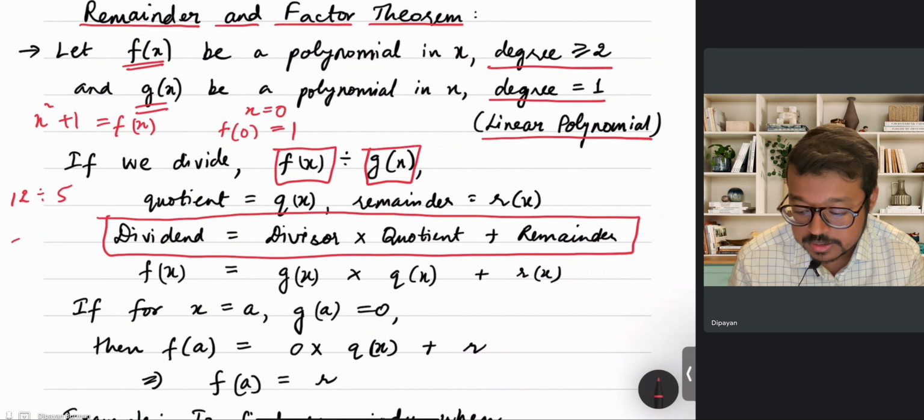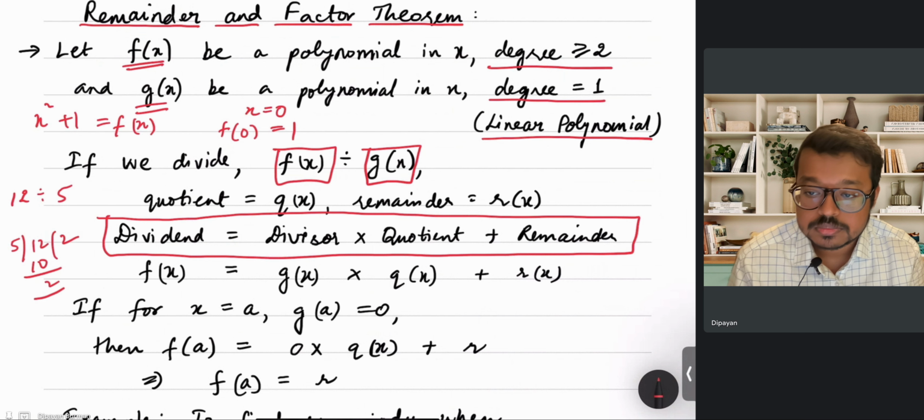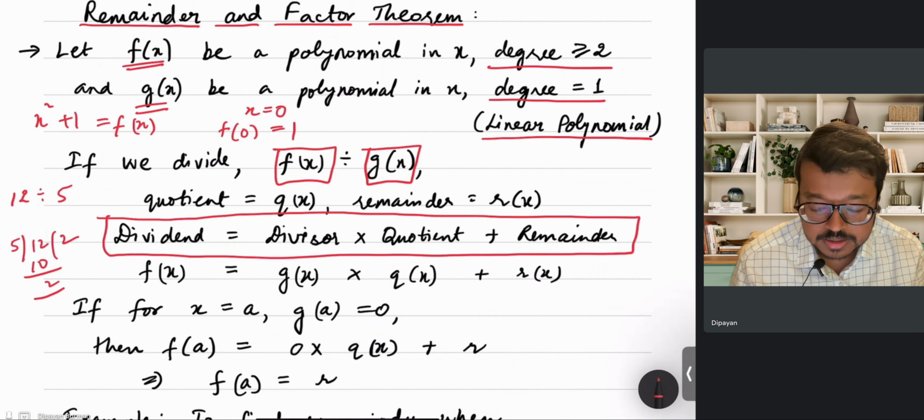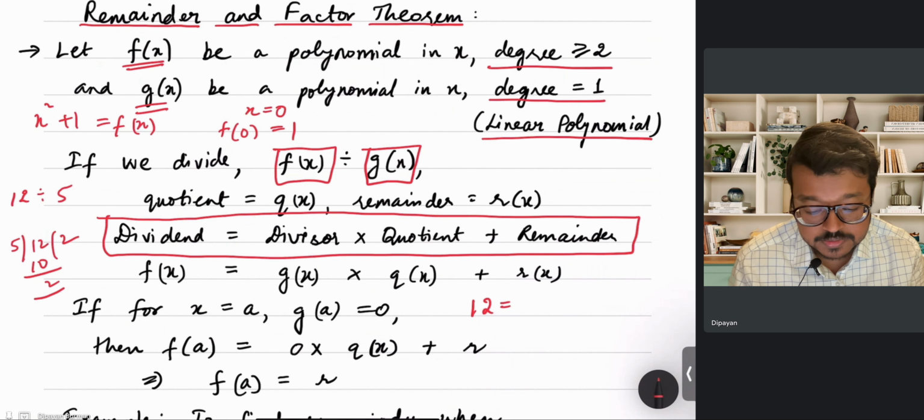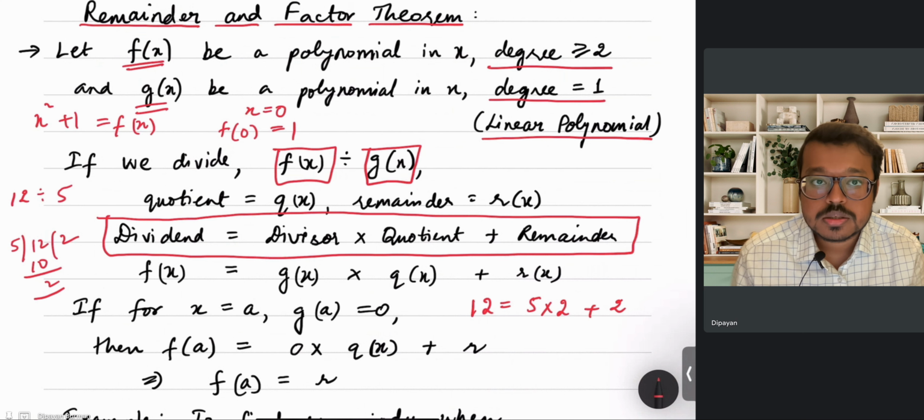And if you remember the long division, then I will get 5 times 2 is 10 and the remainder is 2. So I will say that the dividend 12 is equal to the divisor 5 multiplied by the quotient 2 plus the remainder 2. So this is true always.